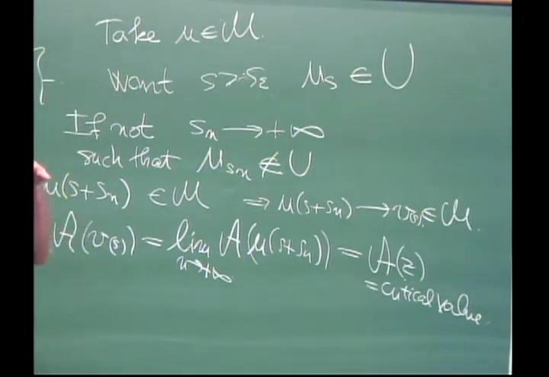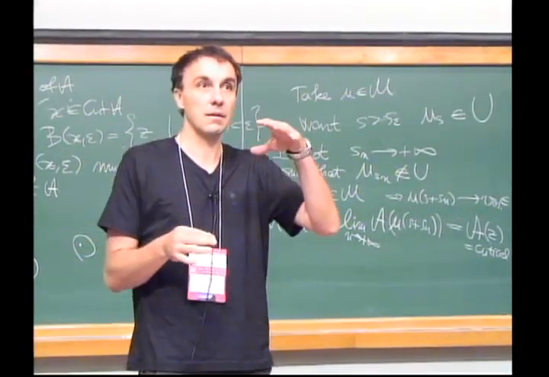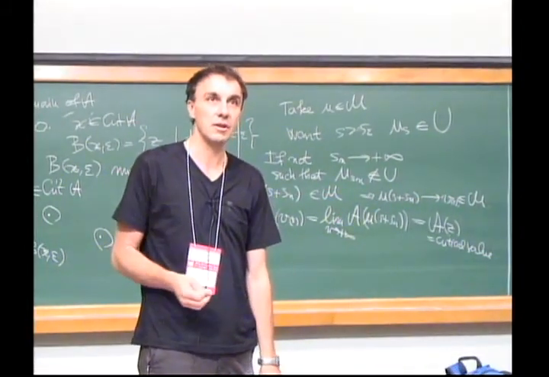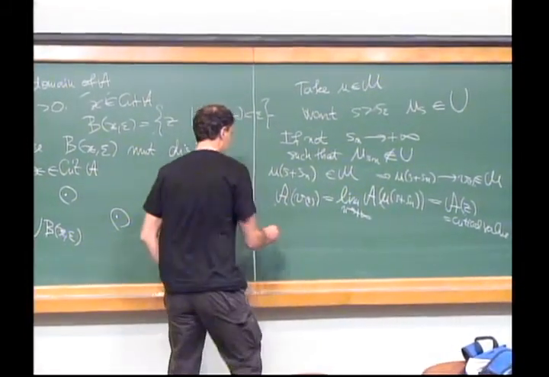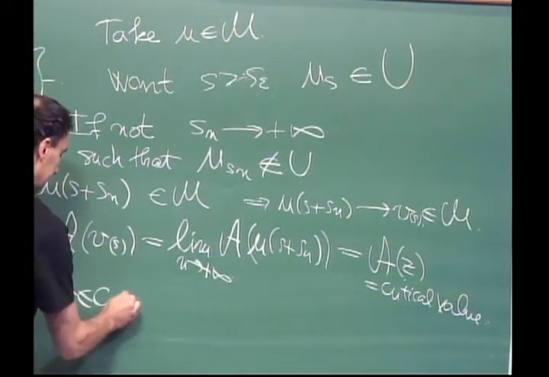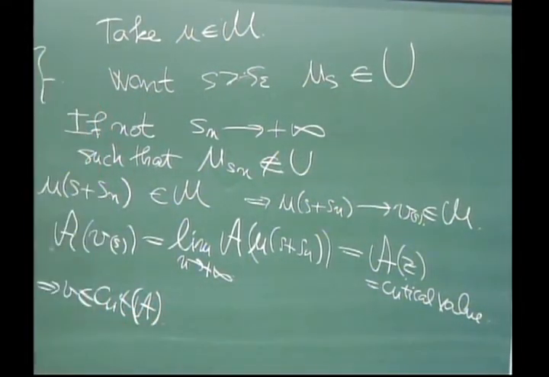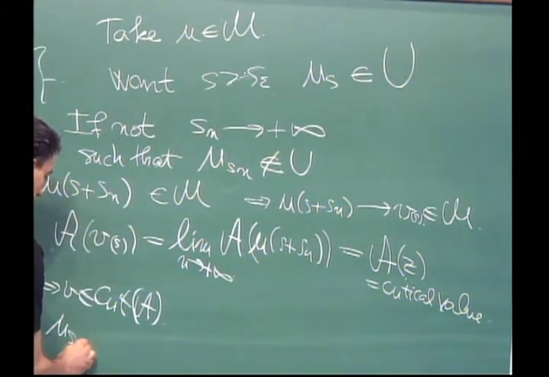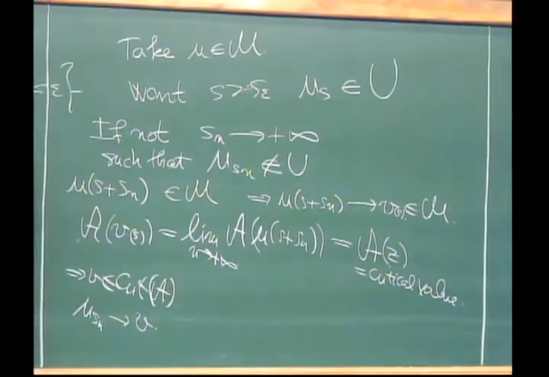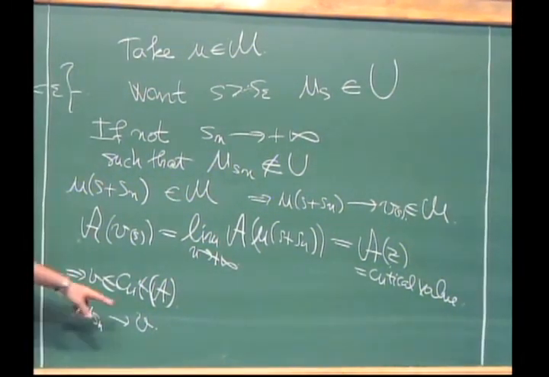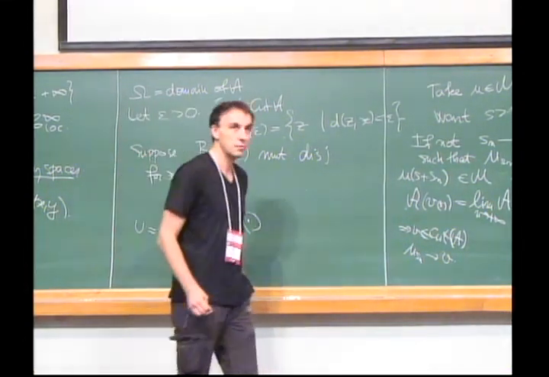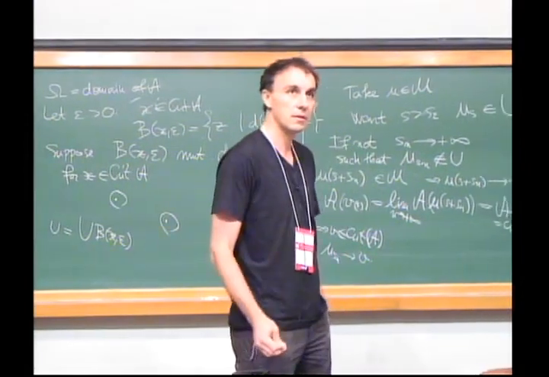So actually, the function on this trajectory is constant, which means that the trajectory v is actually a critical point. And this is contradictory, because this means that u(s_n) goes to v, and v must be among the centers of the balls I drew here, which is impossible because u(s_n) was supposed to be outside U, right? So this ends the proof.